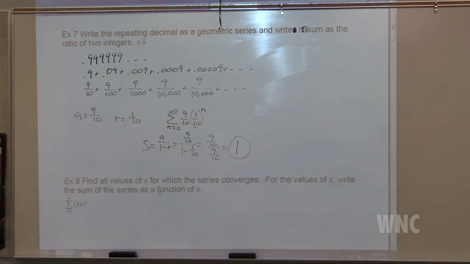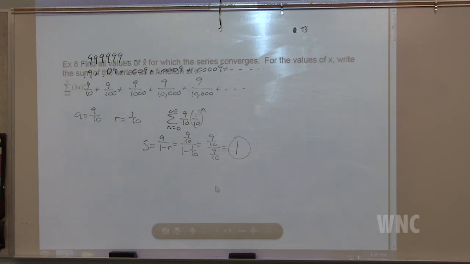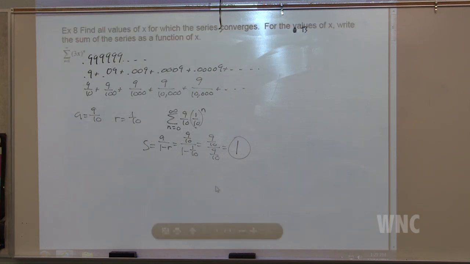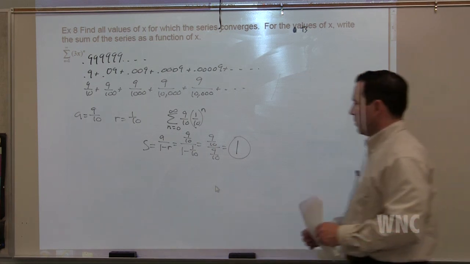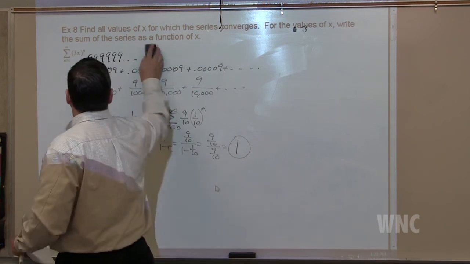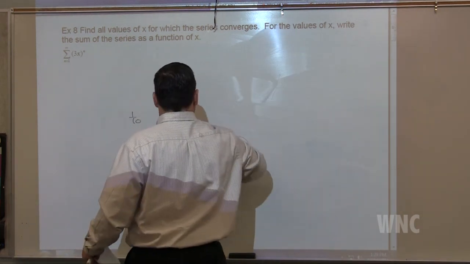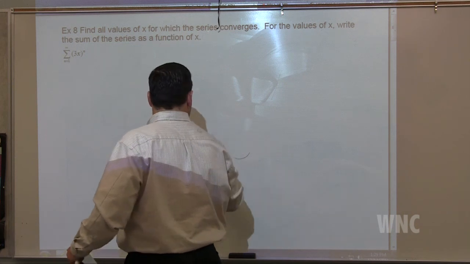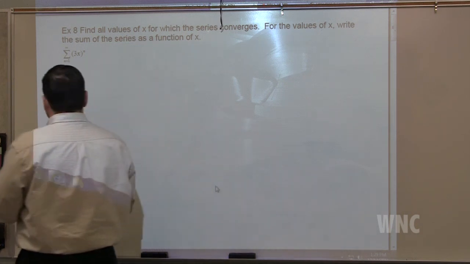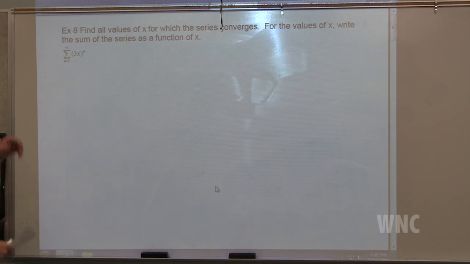Let's scroll this up to our last example of this section. Find all values of x for which the series converges. For the values of x, write the sum of the series as a function of x.